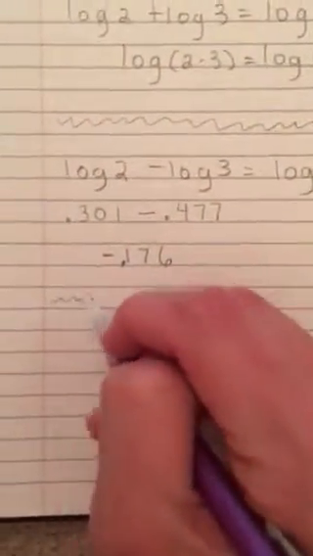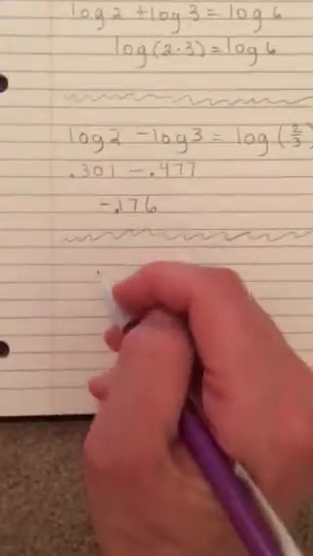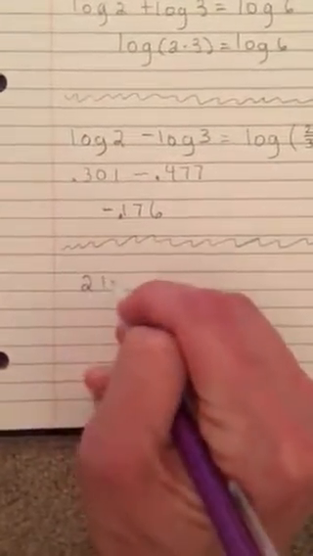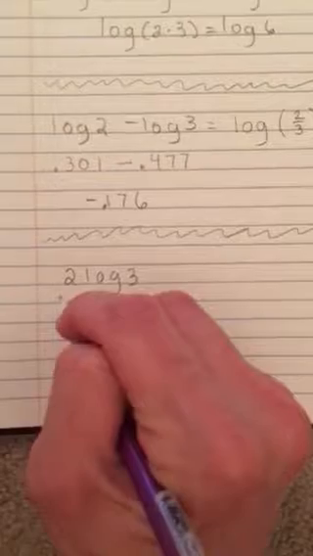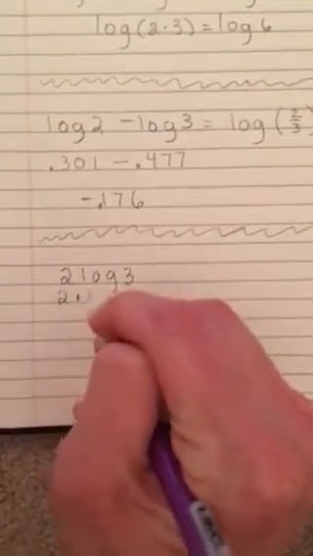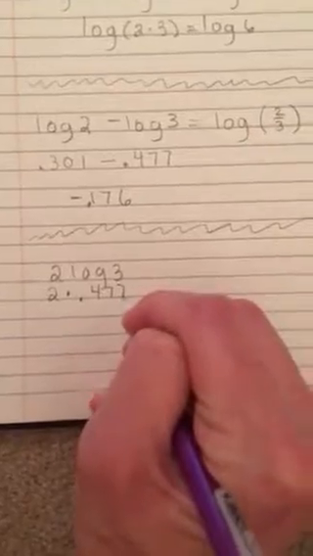And the last property that happens is with multiplication. So if I have 2 log 3s, for instance, this is 2 times 0.477. Oh, I need to do a little math on that.